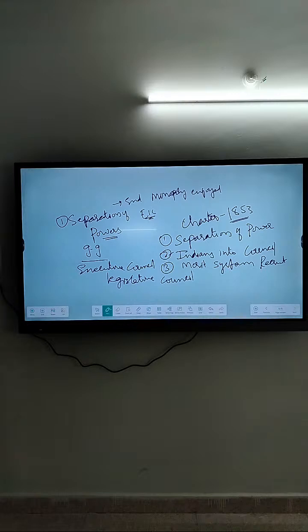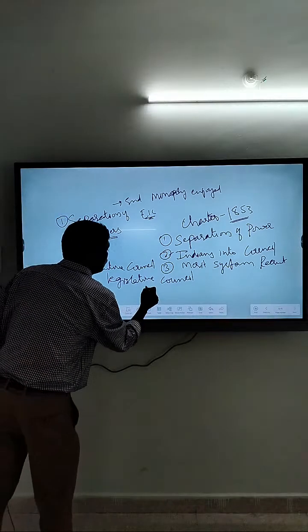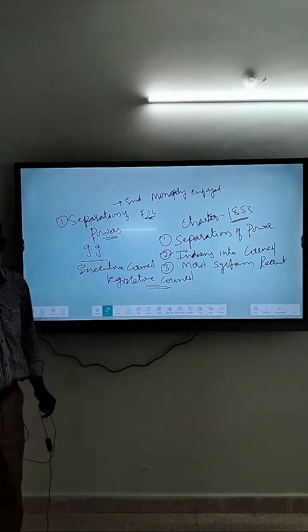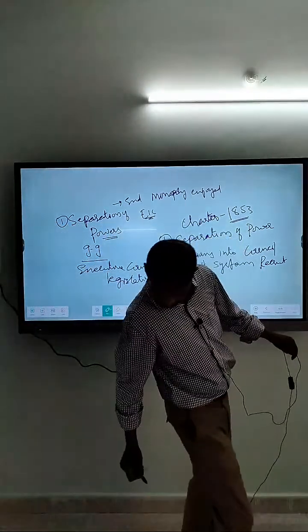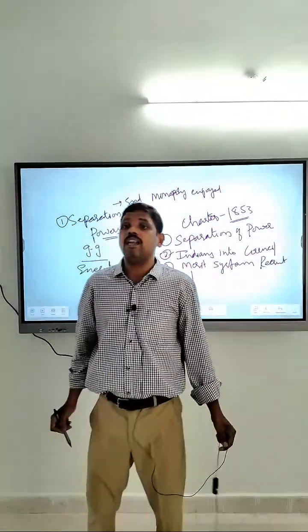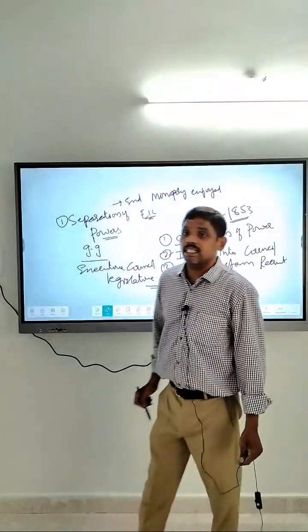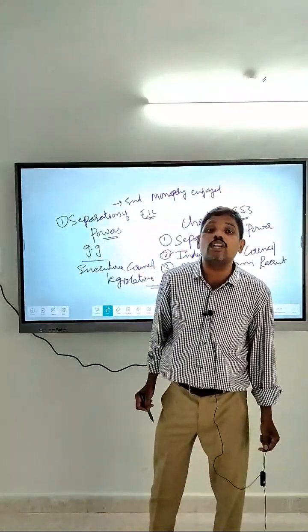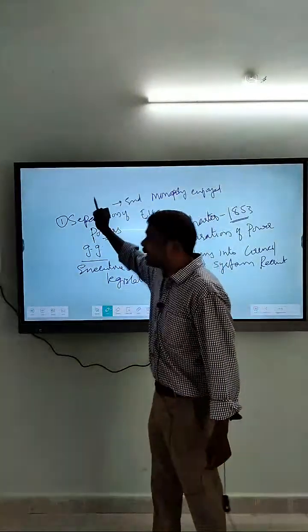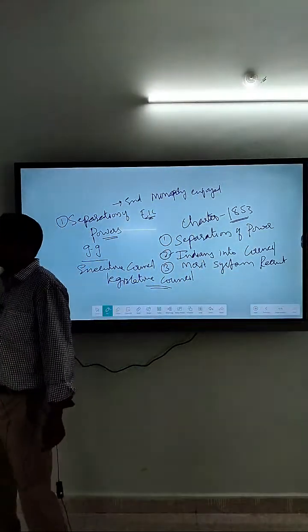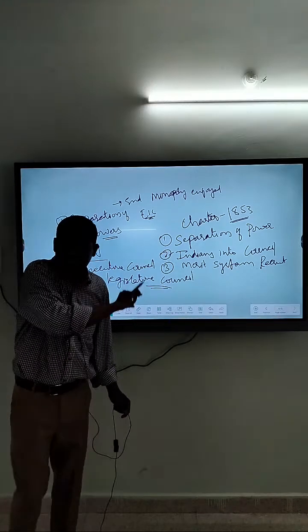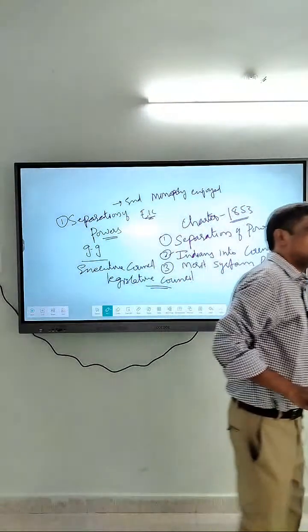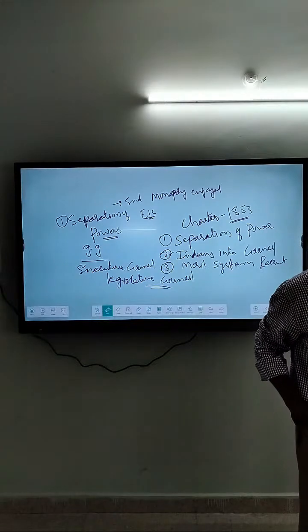Now, for the first time, we see creation of a legislative council, where the purpose of the legislative council is to assist Governor General in legislative functions. That is from 1853 onwards. From 1853 onwards, the executive council will assist in executive functions, whereas legislative council will assist in legislative functions.